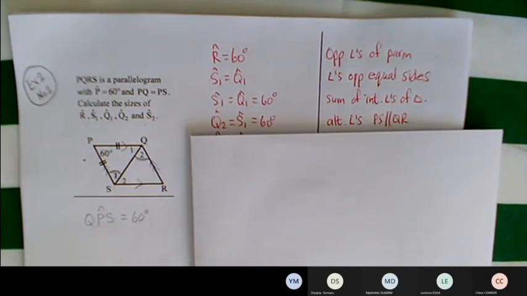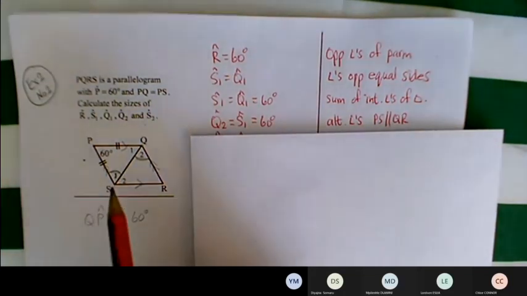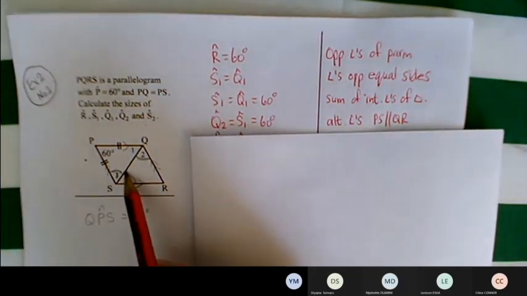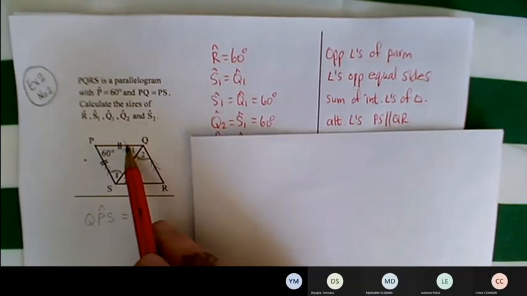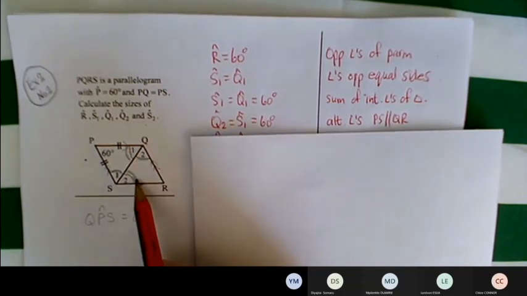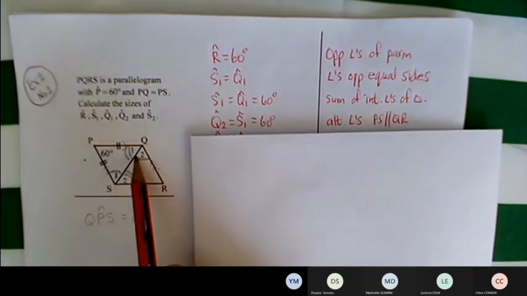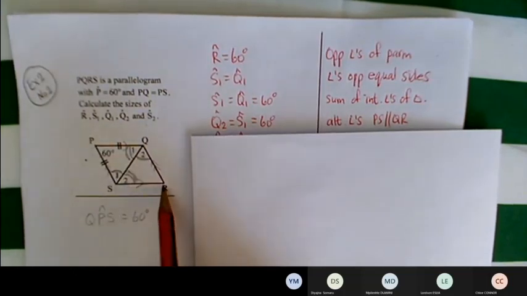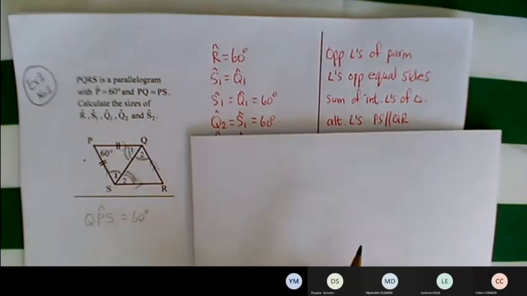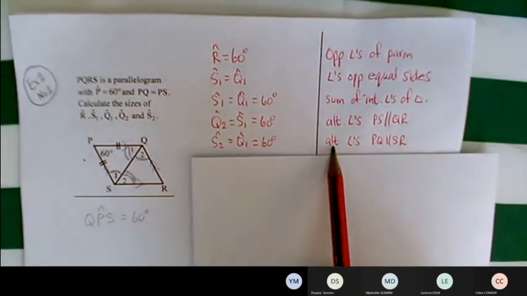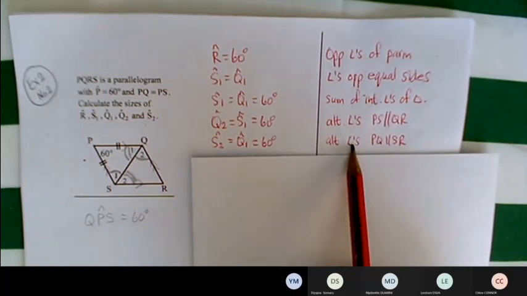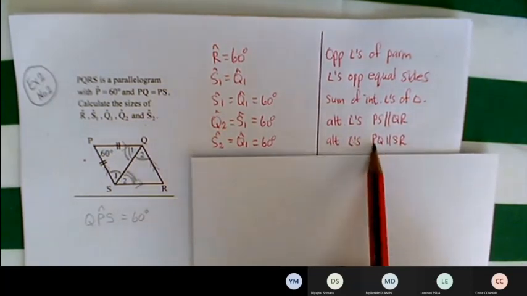Next we want to find S2. That's this one here. I'm using a double line now to show that it's not that angle. This double line angle will be equal to that double line angle. Notice it's also alternate angles, PQ parallel to SR. This abbreviation is acceptable: ALT dot, the angle sign.